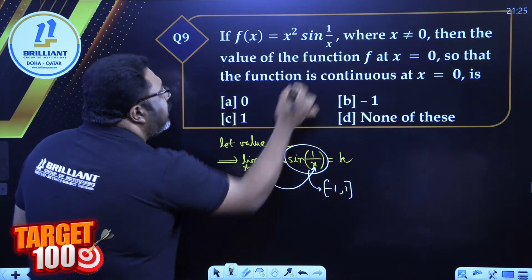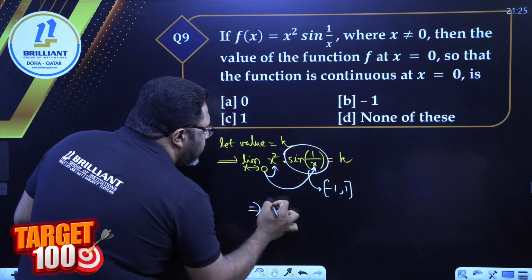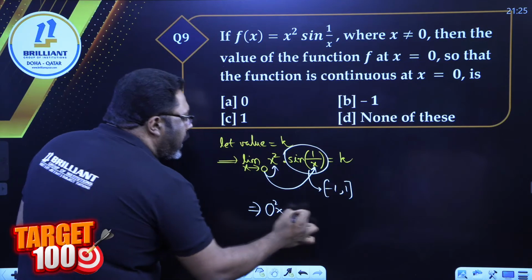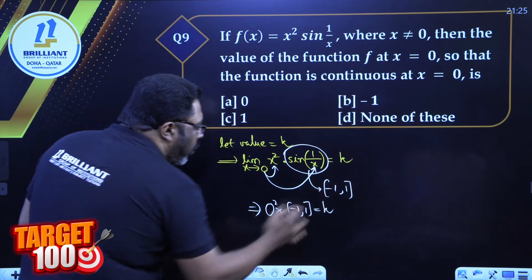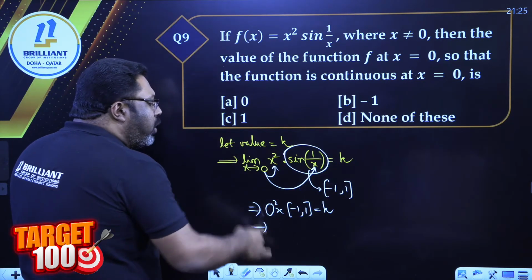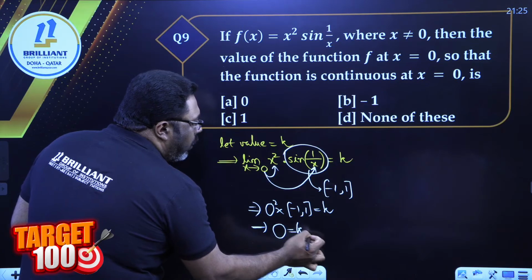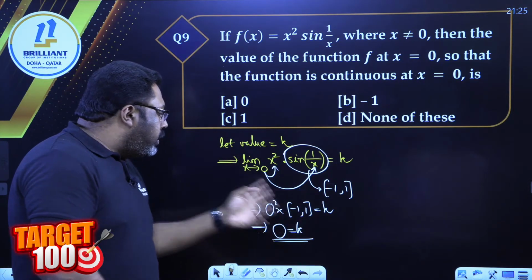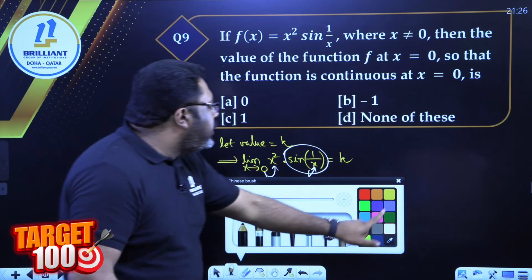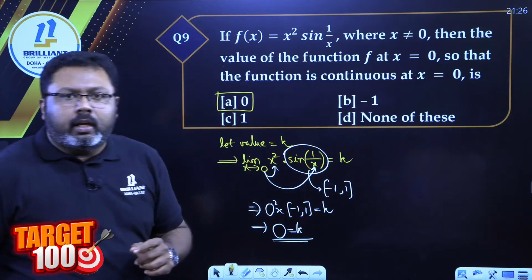But when I put x equal to 0 here, it implies 0 squared into some value between -1 and 1, right? What happens if I multiply 0 to any number between -1 and 1? The answer is definitely 0. It's a simple, sensible answer. That's it. Answer should be what? 0. Option A. Many of you have already given the answer as option A, 0.